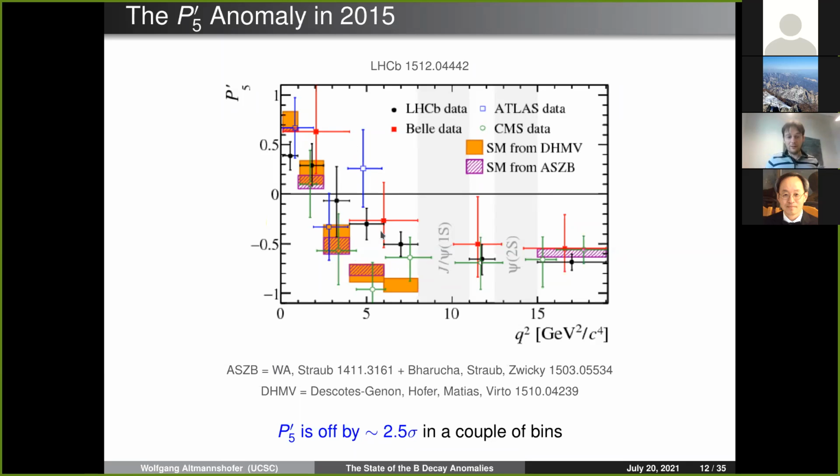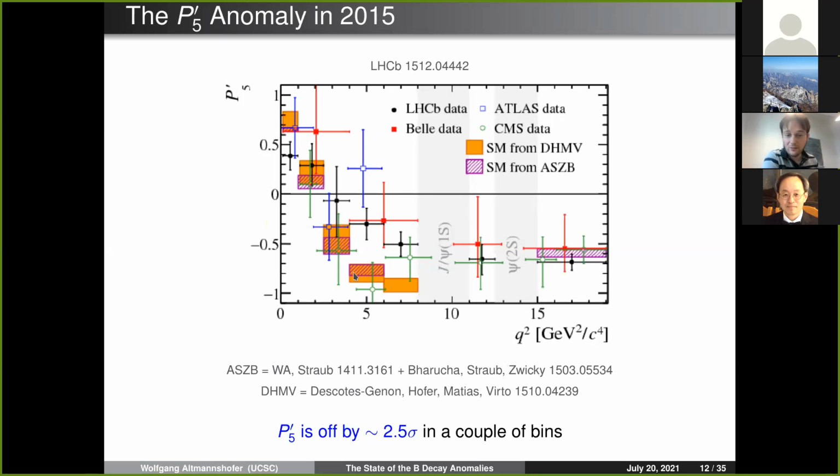Again, as before, let me stress that one has to discuss what the standard model uncertainties in those predictions are. Here one sees these two standard model predictions. It depends on how exactly one treats hadronic effects, how one models certain non-factorizable long distance effects, and how conservatively one tries to estimate uncertainties.